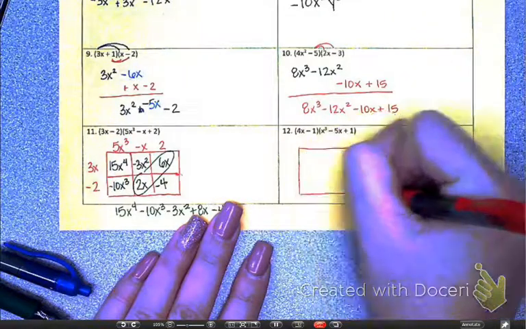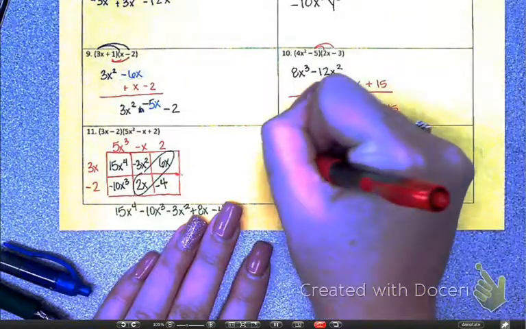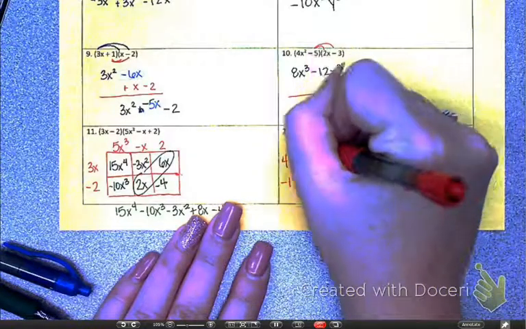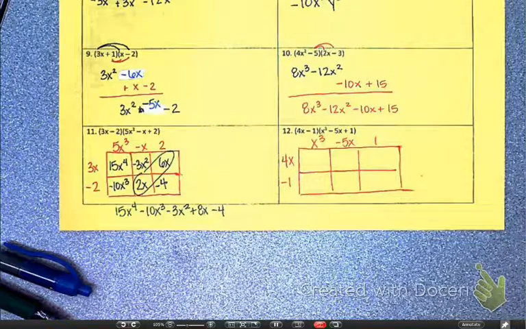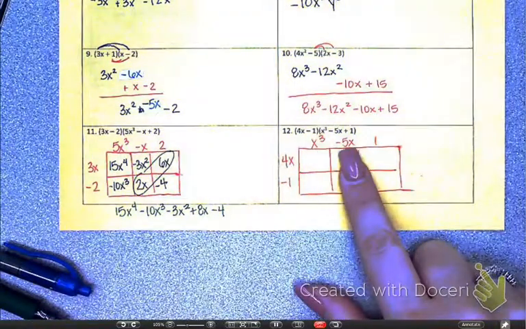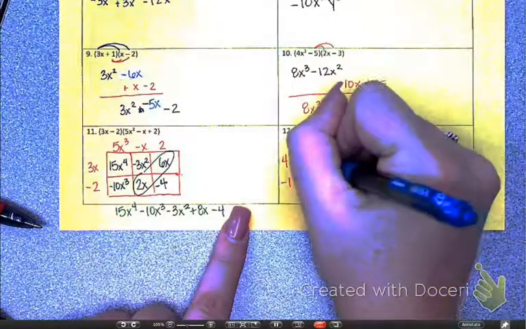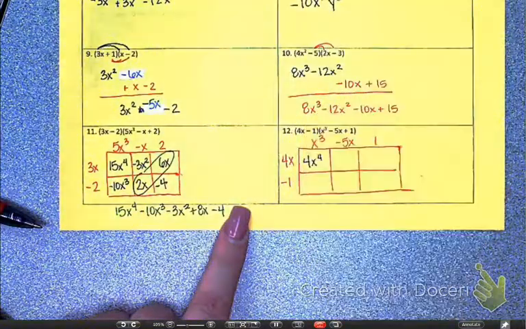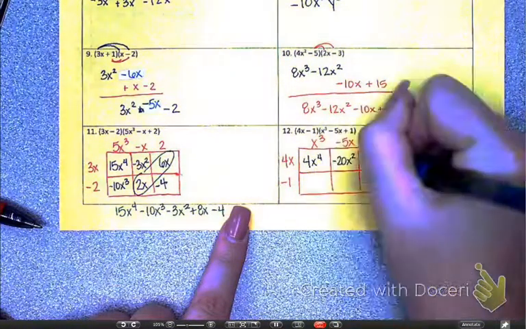Again, you can distribute if you want. So 4x minus 1 and x to the third minus 5x plus 1. Is this going to do the exact same thing? Probably, right? Because I have an x to the third but don't have an x squared term. So if I multiply to get in the box, I get 4x to the fourth minus 20x squared and then a 4x.